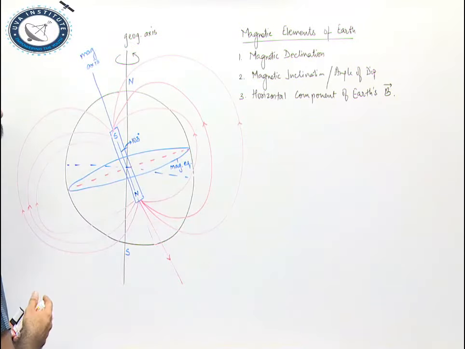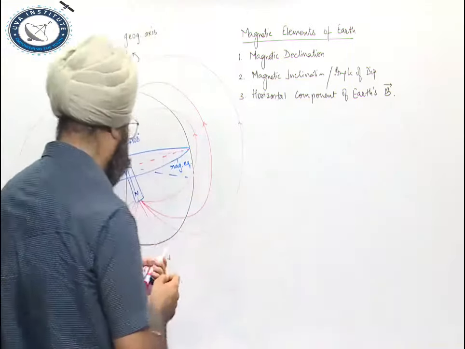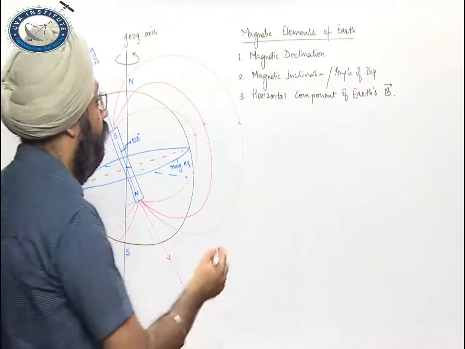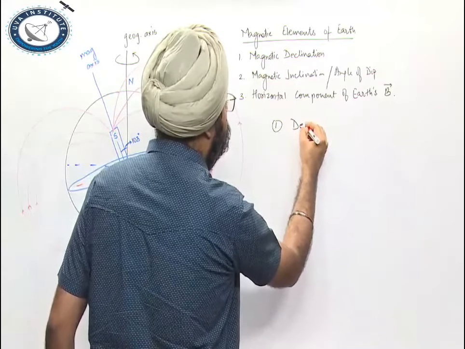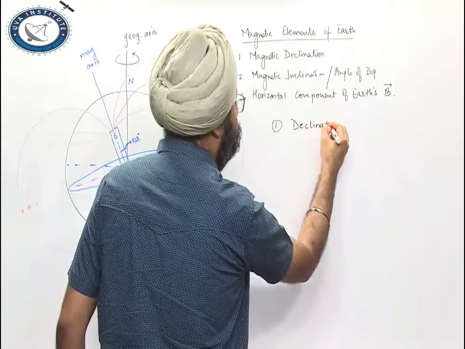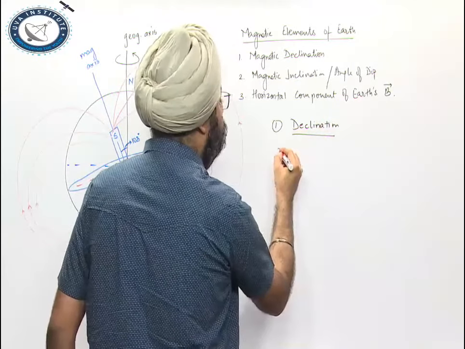Now magnetic declination, if we talk about the declination part, let us say we have a freely suspended bar magnet.